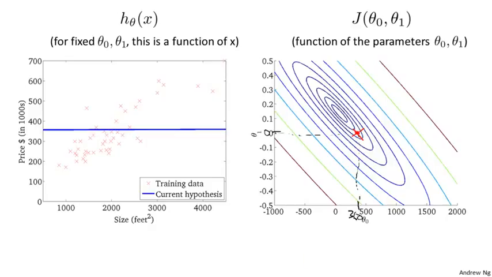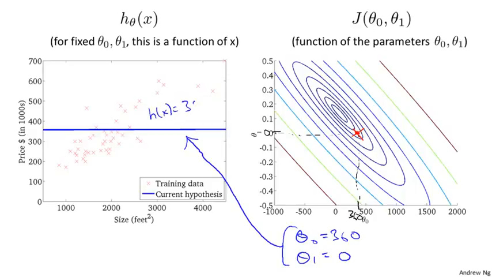So let's write that out: theta 0 equals 360, theta 1 equals 0. And this pair of parameters corresponds to that hypothesis, a flat line. This is h of x equals 360 plus 0 times x. So that's my hypothesis. And this hypothesis, again, has some cost, and that cost is plotted as the height of the j function at that point.